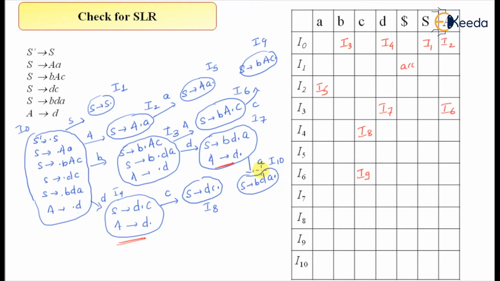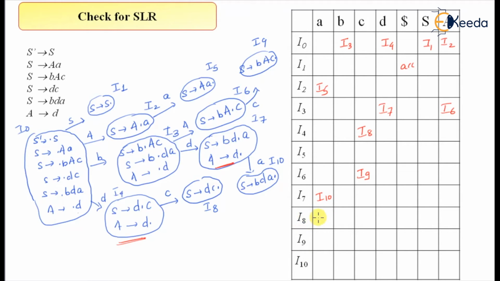I7 on input A, I10. I8 is a reduction entry, I9 is a reduction entry, and I10 is a reduction entry. I7 again, I'll come to it in this case.